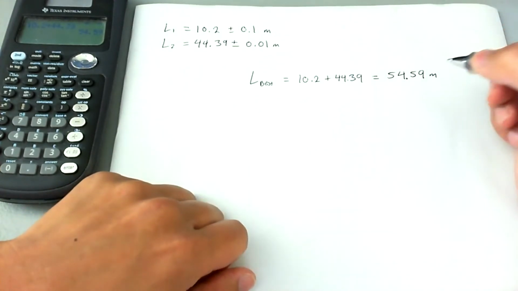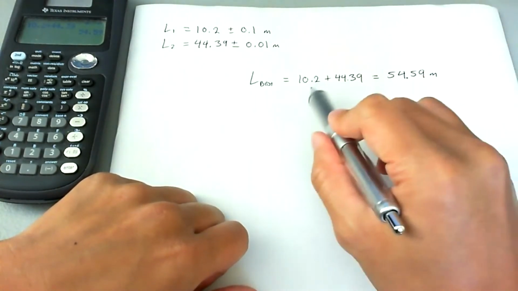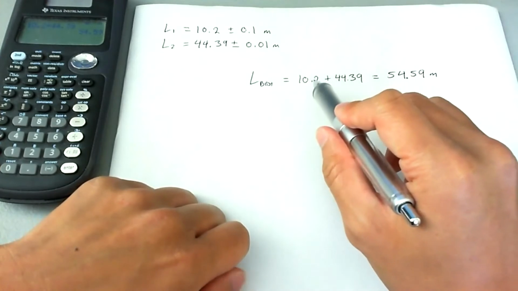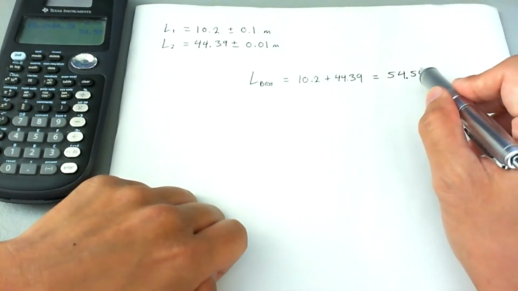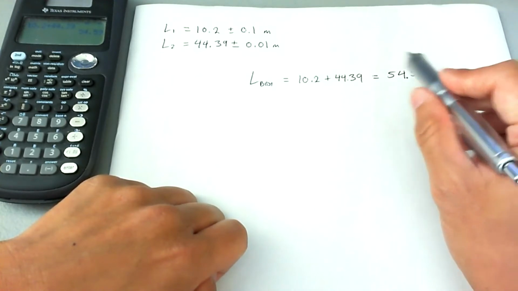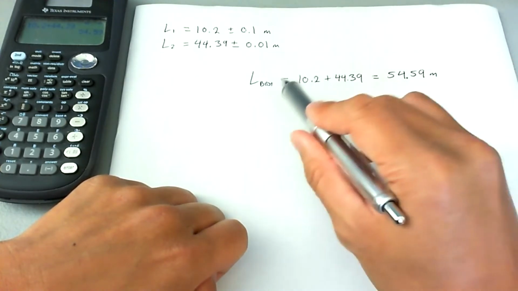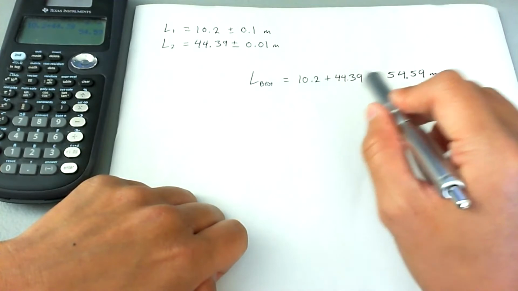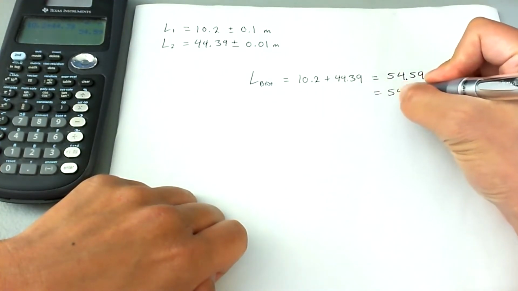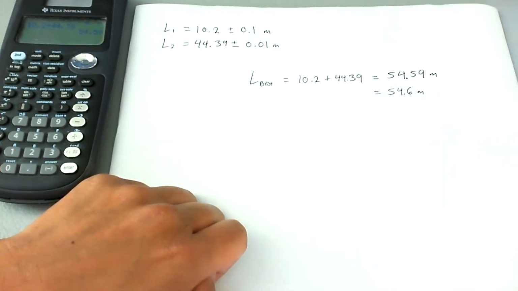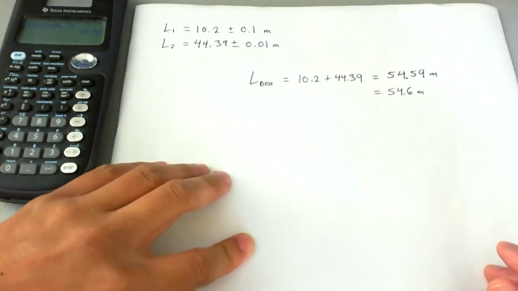That is just because we are dealing with two different certainties, inherent significant figures for these values. So you want to have the final value similar in certainty with the least certain value that you took the arithmetic with. So you're going to make this actually 54.6 meters. That's going to be your final best value.